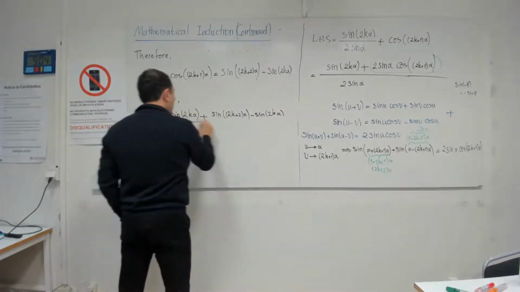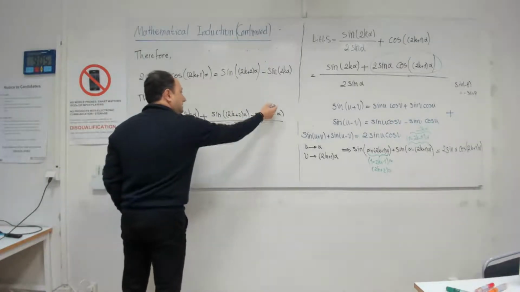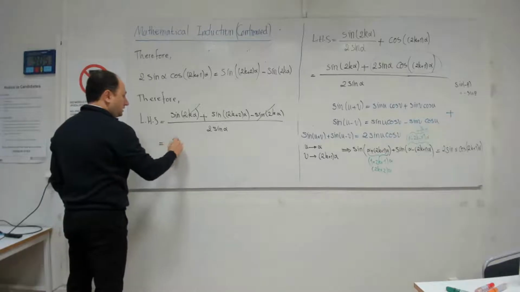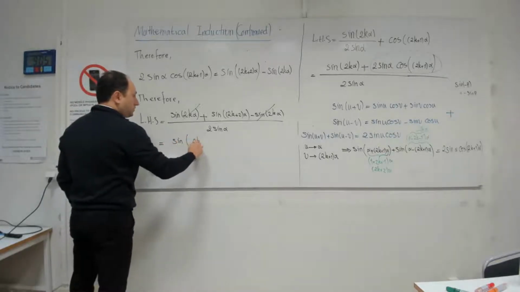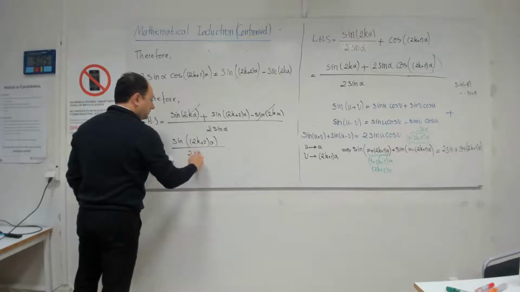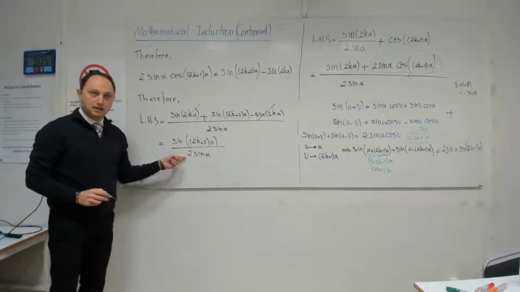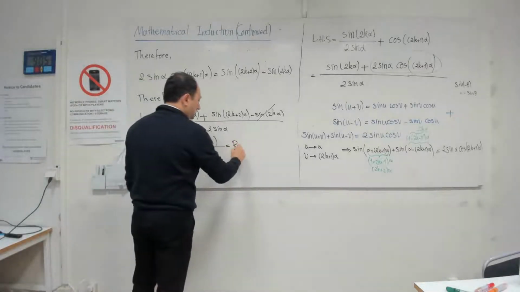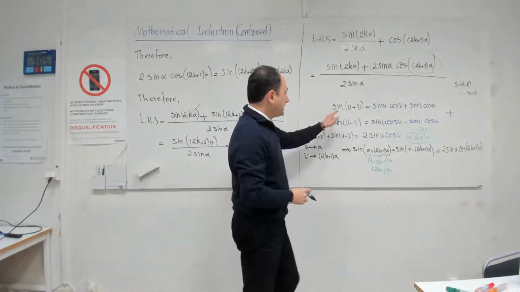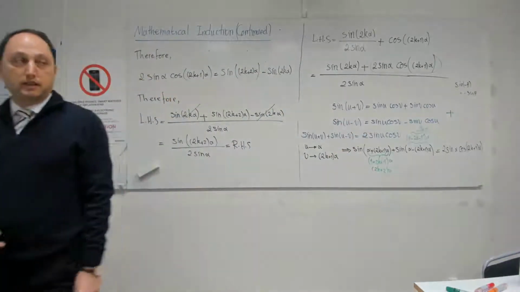Yes, and then I have the denominator 2 sine alpha. But then you immediately see that I get rid of this extra part that I don't need, and then I will get sine 2k plus 2 alpha divided by 2 sine alpha. Yes, and if you check your notebook, you see that that's exactly what I wanted to show, and that's the right-hand side. So that would be a little bit tricky because maybe you didn't have that experience to use these formulas in this way.